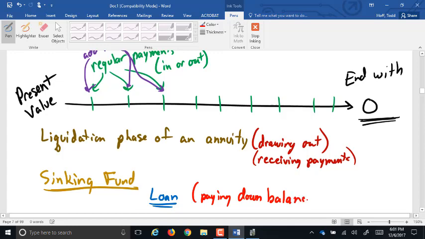You're still making regular payments, but what you're doing is you're making payments in to pay down the balance. So that's why I said, remember I said payments could be going in or out.